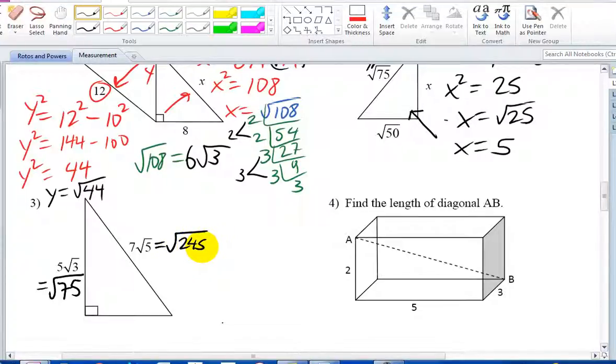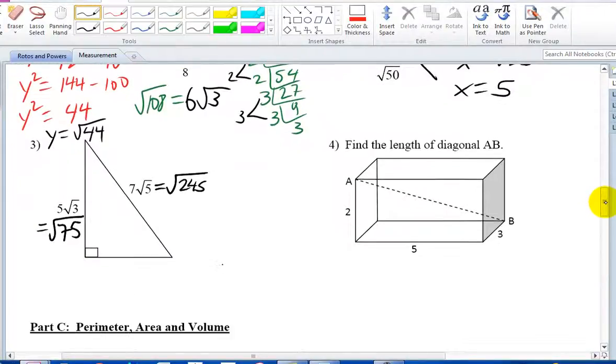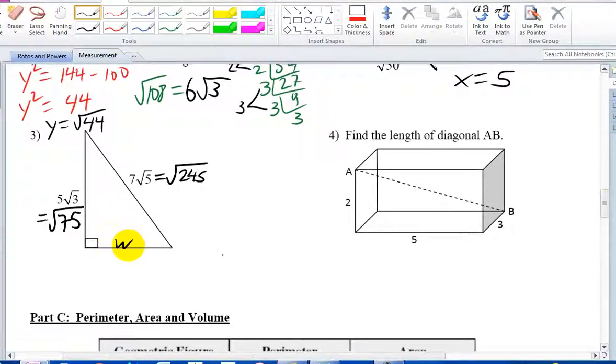So here, we'll call this, what letter do you guys want to use? Sure, W. Thanks, guys. So W squared equals what? Well, which one's the hypotenuse? I'd say the arrow is pointing there.